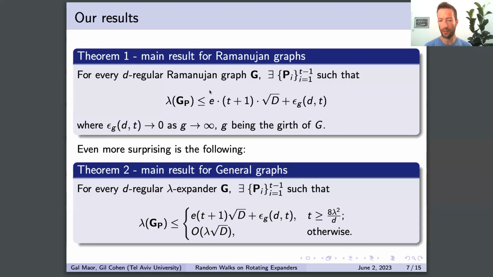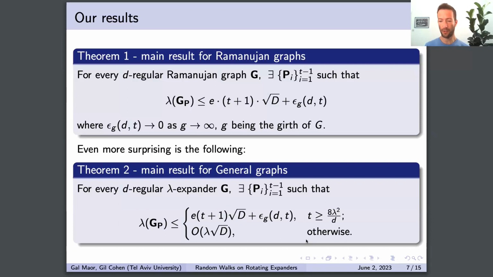For every d-regular graph G, and I write here lambda expander, but I don't assume anything about lambda, there exists a sequence of permutations such that for large values of t, lambda of the rotating expander is bounded by the exact same bound.